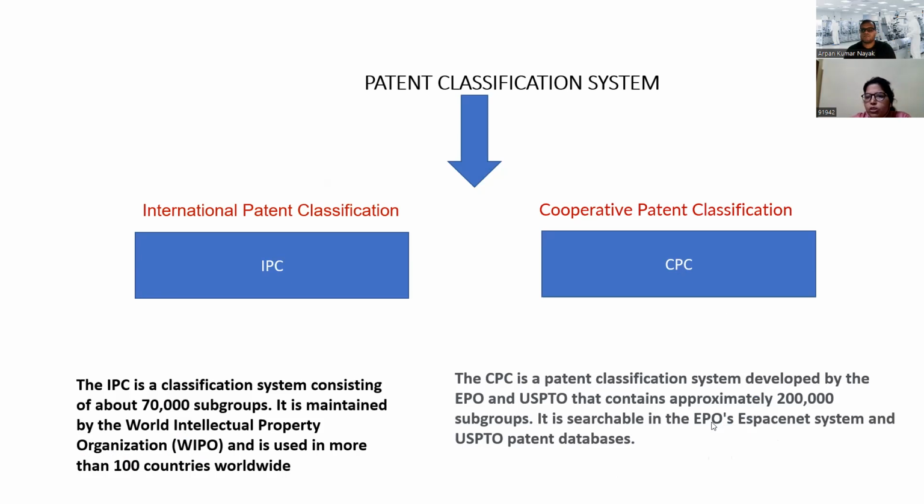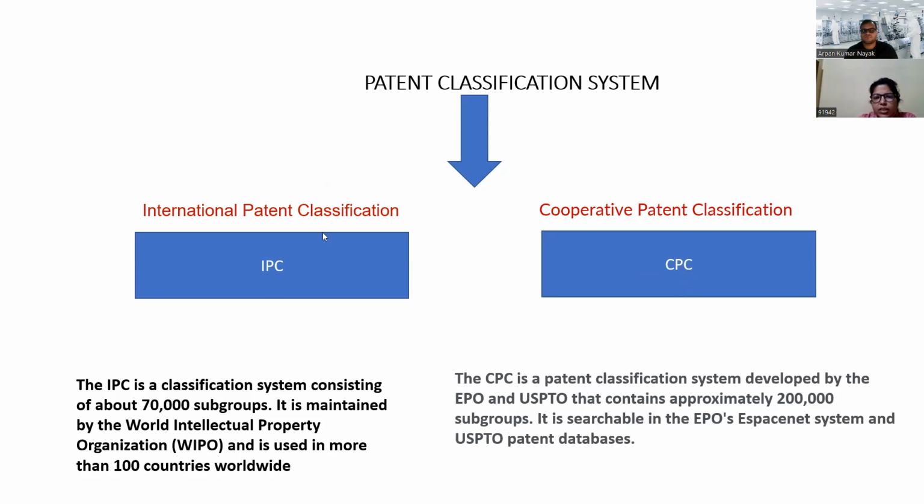For European patents, we go into Espacenet. For the USPTO, we go to the US Patent Office site. And for WIPO, we have also seen PATENTSCOPE, where we can search WIPO patents. So these three sites are there to search the IPC and CPC patent classification systems.